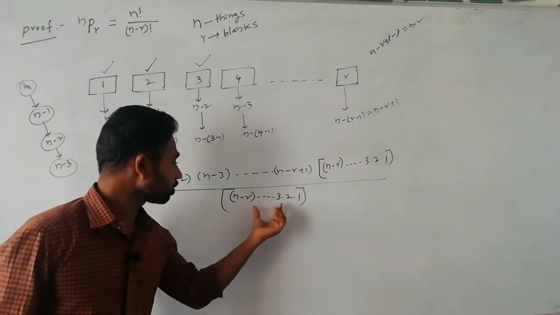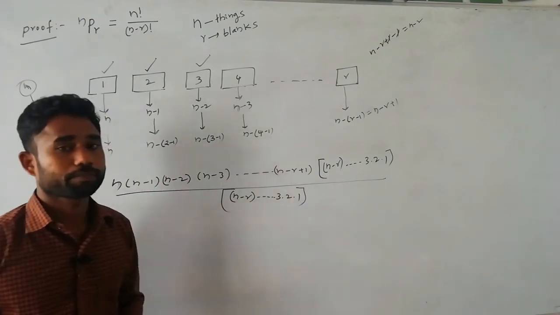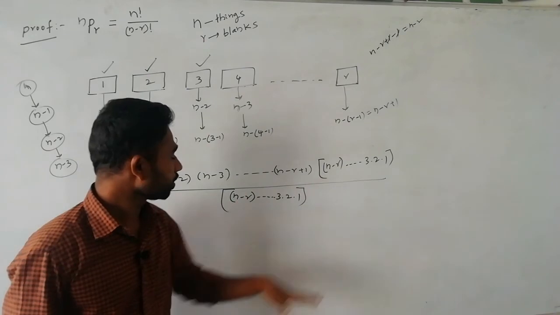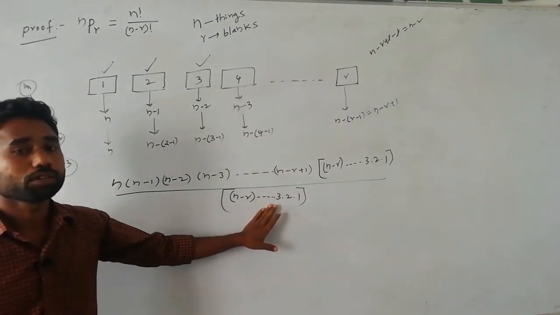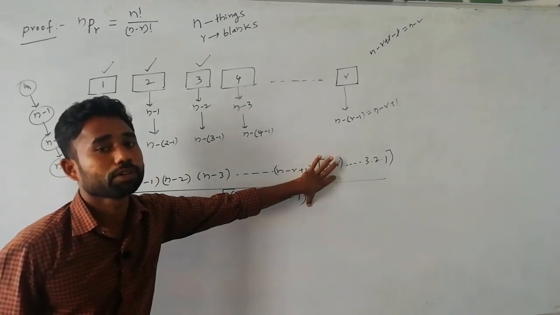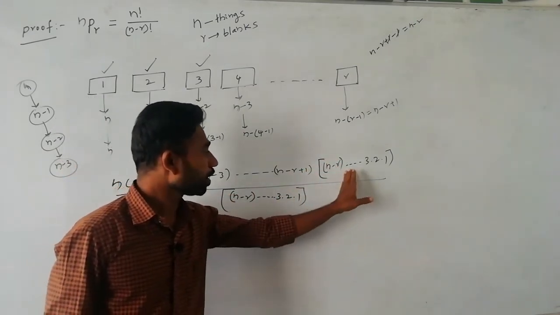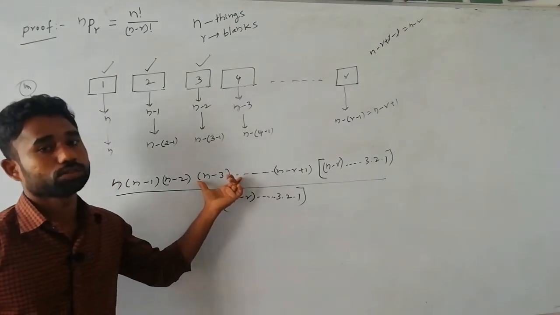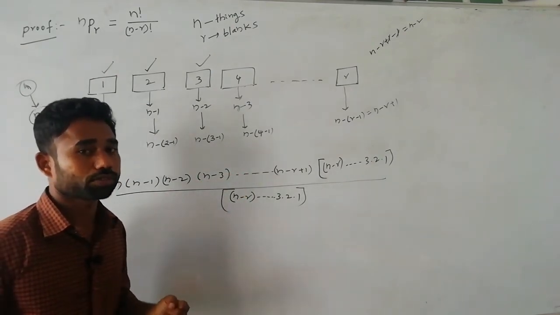The numerator has this term, the denominator has this term. We multiply both sides with this term, so these two get cancelled and the remaining term is as before. So the value is not changed.